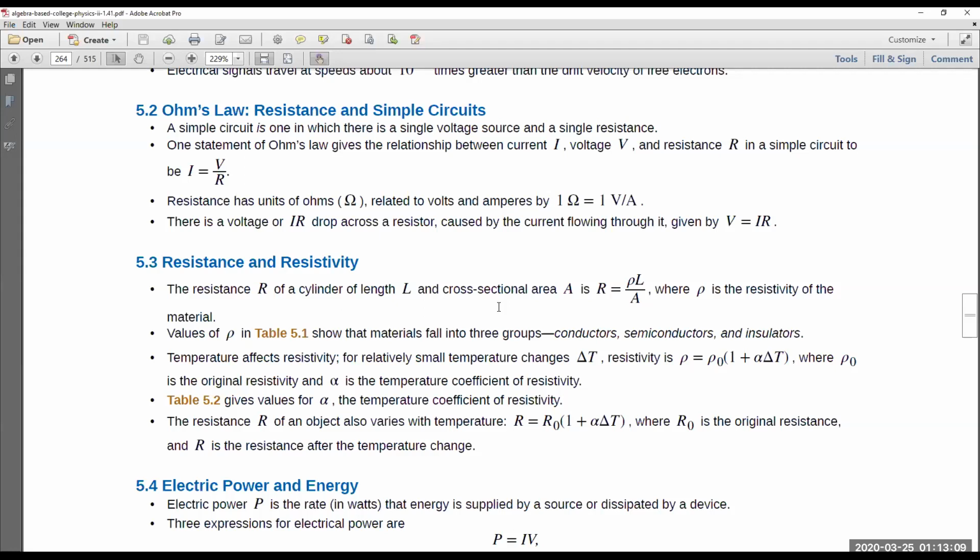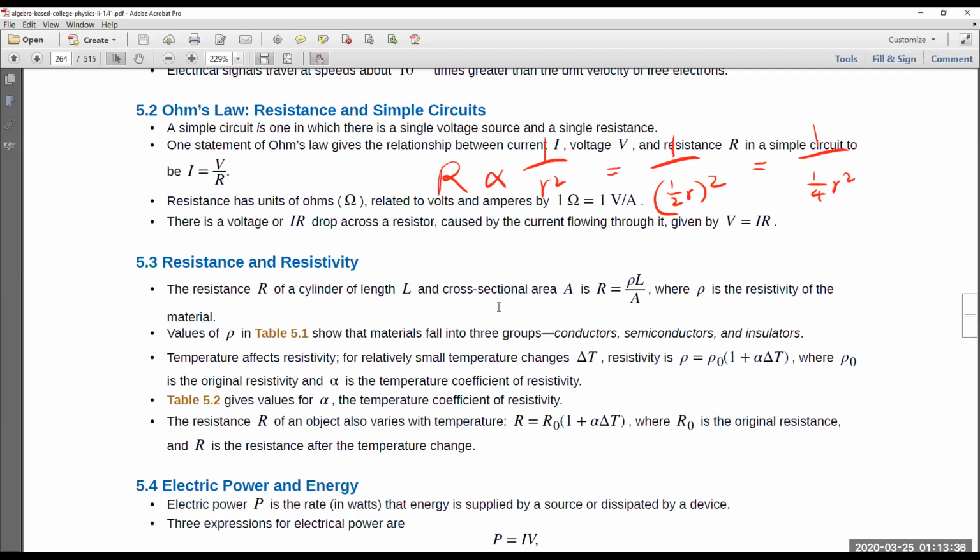That's exactly correct. So again, R is proportional to 1 over r squared. If we introduce a factor of half here, half r, and then we square it, we end up with 1 over 1/4 r squared.